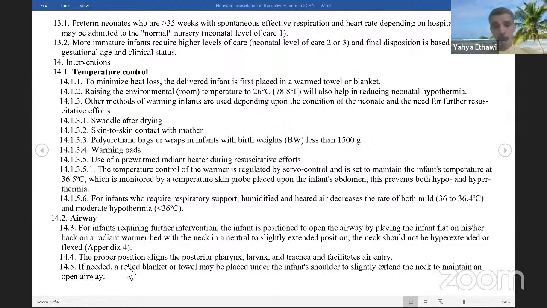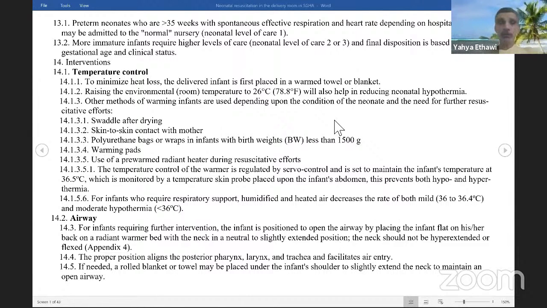If you have a copy, you will see what we mean, like the proper position. When we say aligning, it means the pharynx, the larynx, and the trachea are in one line, to facilitate better air entry. And we've talked about the rolled blanket or towel below the upper part of the shoulder to open that.